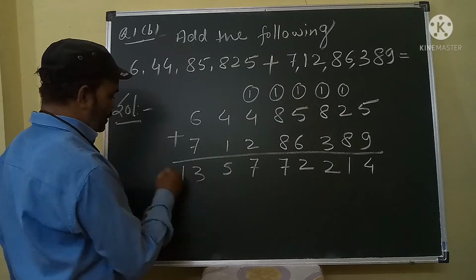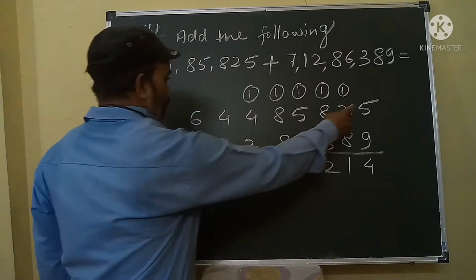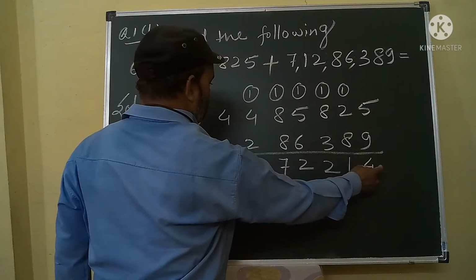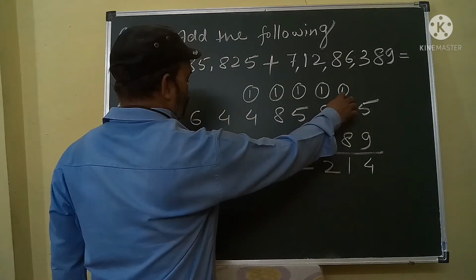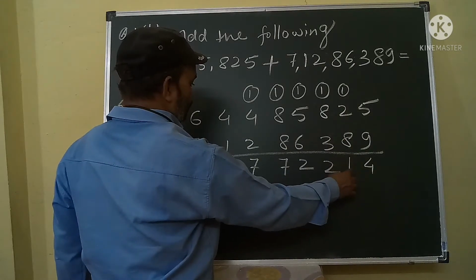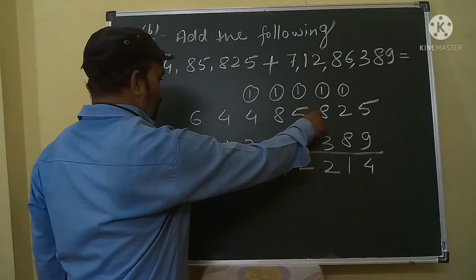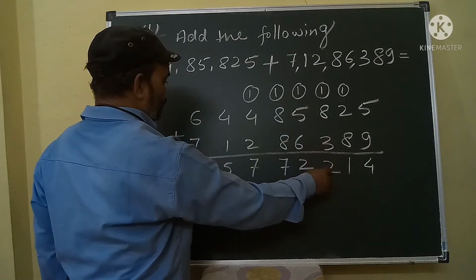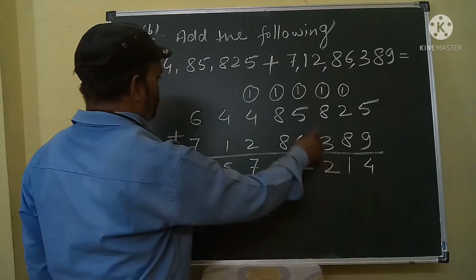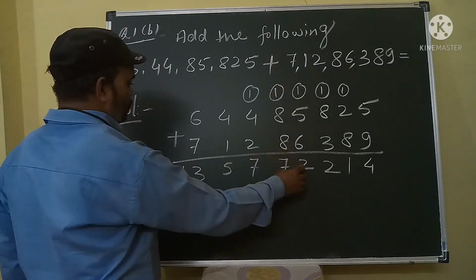6 plus 7, 13. Again I will explain. 5 plus 9, 14. This is 4. Carry over is 1. 1 plus 2, 3. 3 plus 8, 11. This is 1. Carry over is 1. 1 plus 8, 9. 9 plus 3, 12. This is 2. Carry over is 1. 1 plus 5, 6. 6 plus 6, 12.